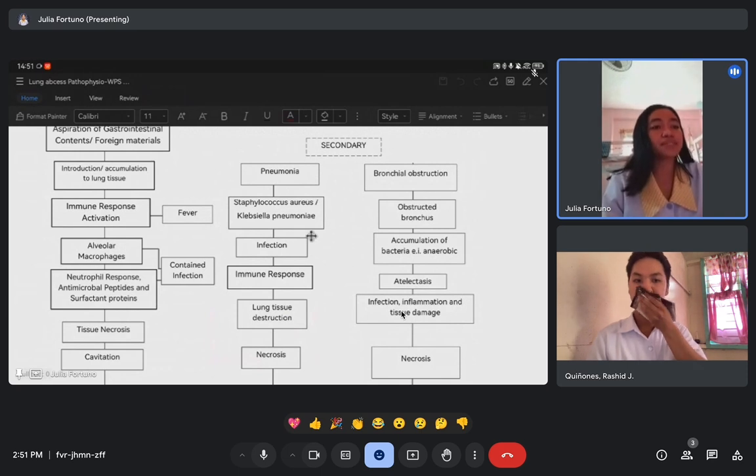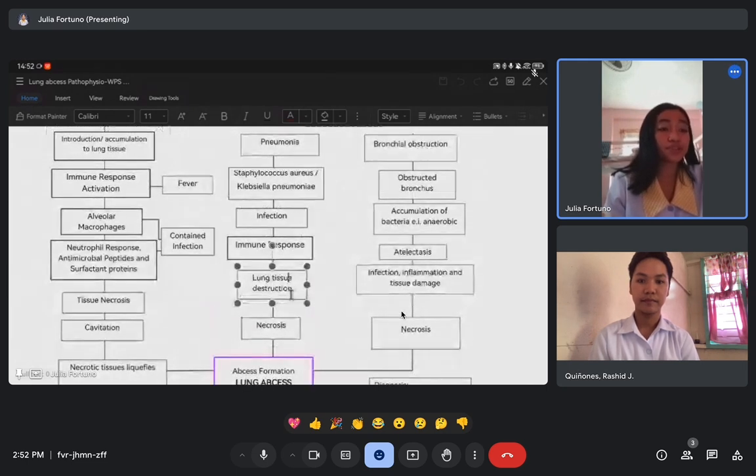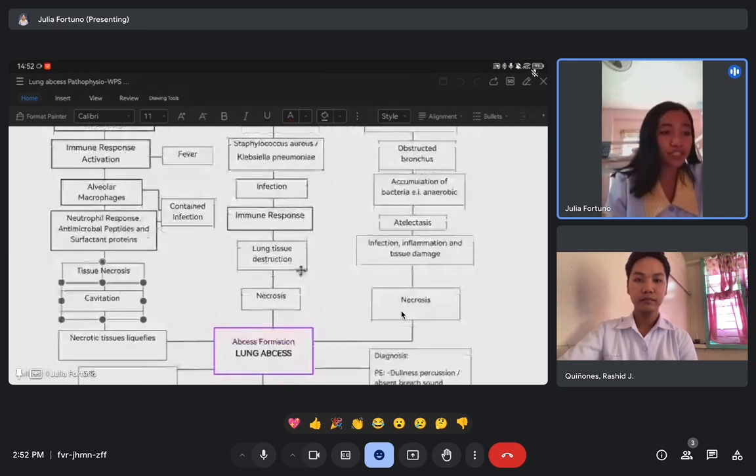Although the immune response fights the Staphylococcus aureus, it will cause a byproduct that causes lung tissue destruction. Then this lung tissue destruction proceeds to necrosis as well as cavitation, and this cavitation will be filled by the necrotic tissues, then forms a lung abscess.